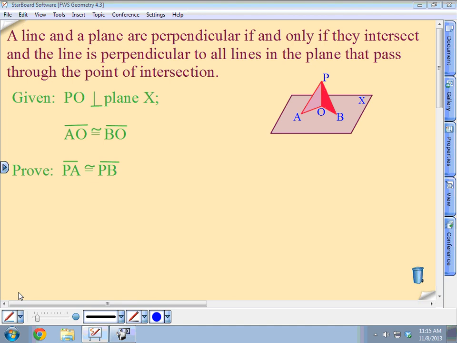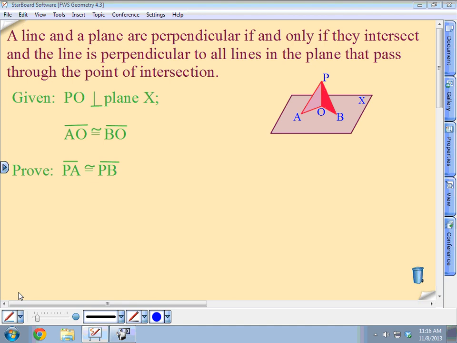All right. So write this down. This top one, a line and a plane are perpendicular. While you're writing that, I'll turn to the page. What's in the red?